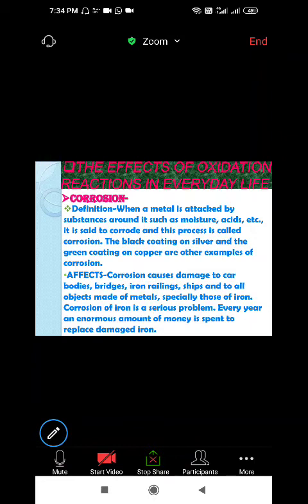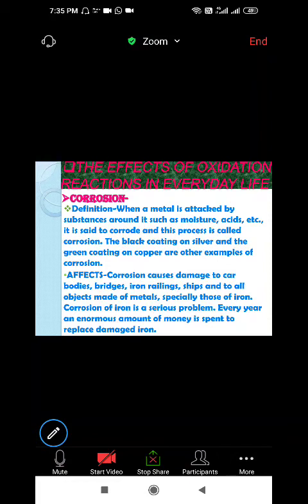I hope you guys are aware of this, right? When you purchase new silver in the form of a ring, a plate, or any other form, it will be very shiny in appearance. But after some time, when you keep on using it in regular day-to-day life, it starts losing its shine.